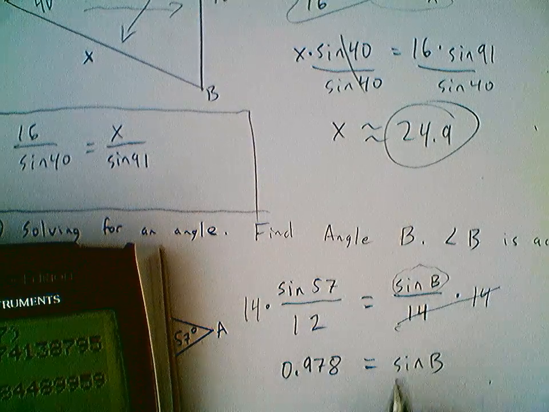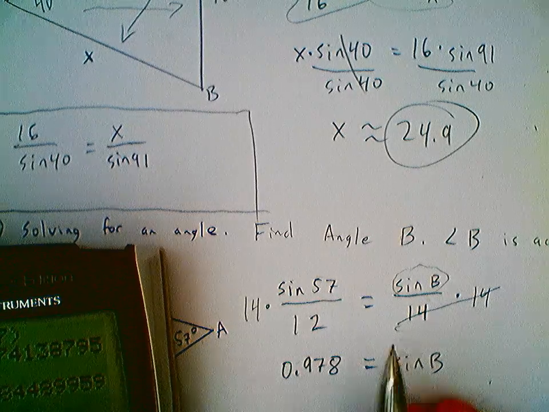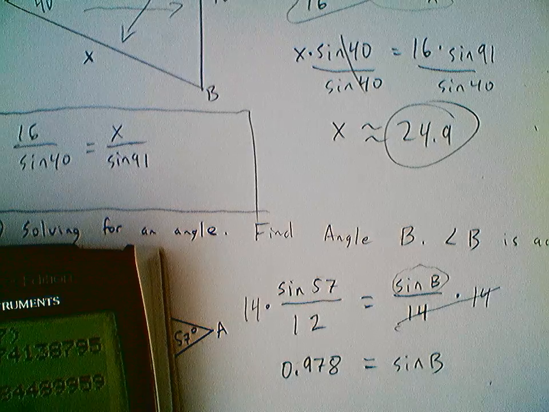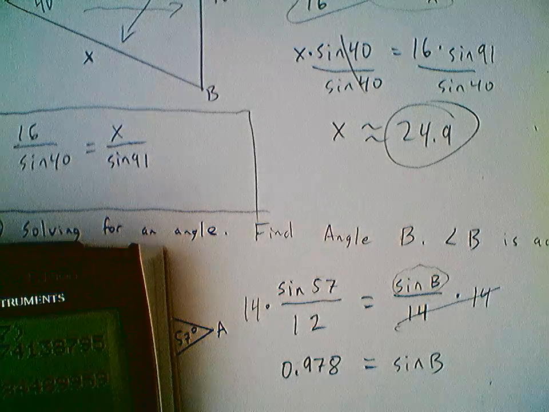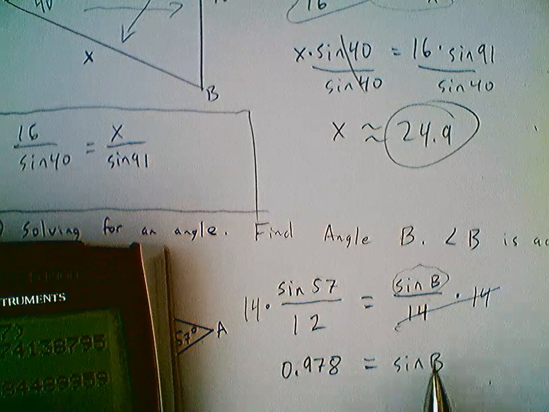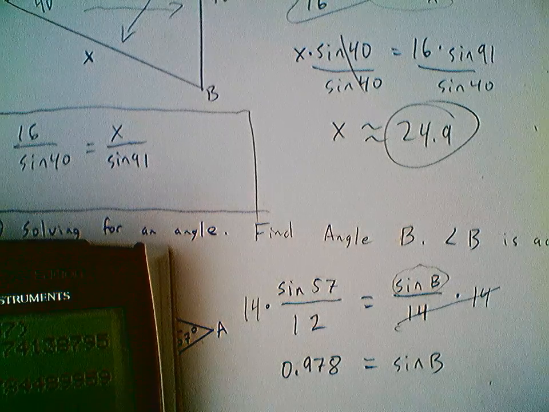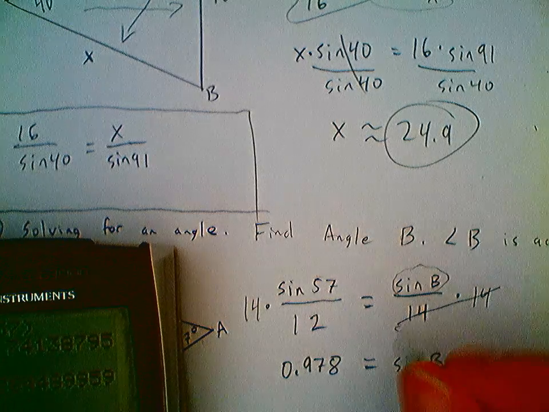So I've got to do something to both sides to get rid of this sine here. I want to do something to both sides so that what I'm left with is just angle B, because I want to know what angle B is. So to do that, we've got to do the opposite of sine. The opposite of sine is the inverse sine.